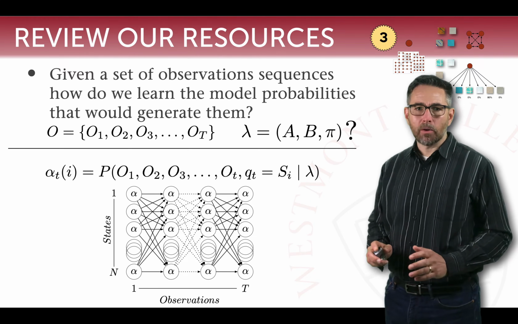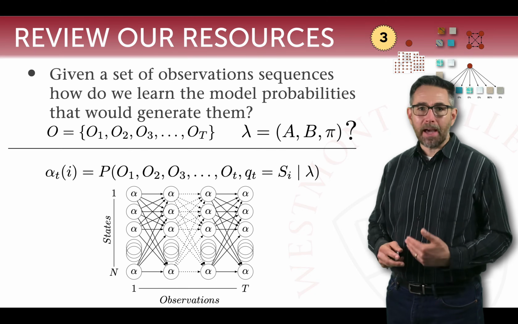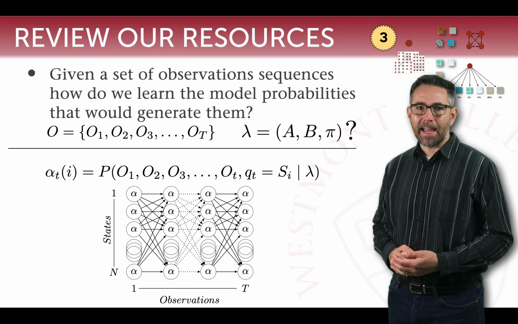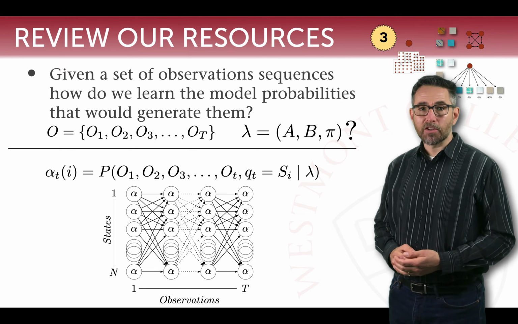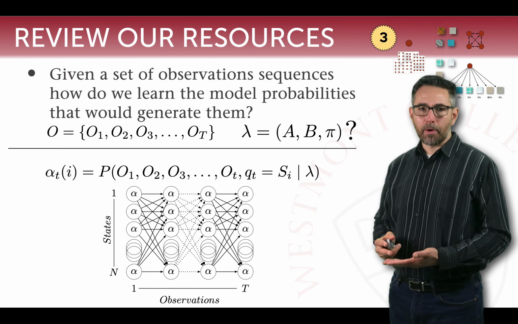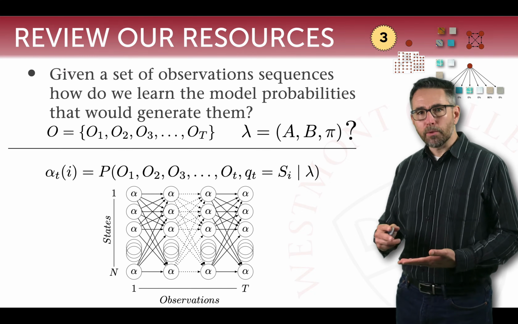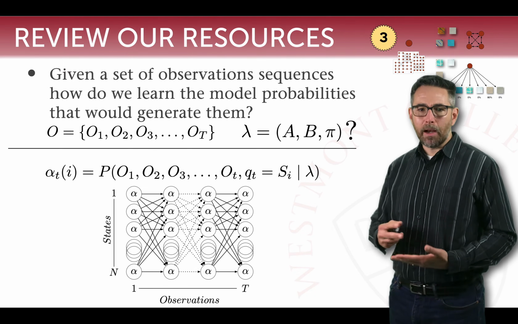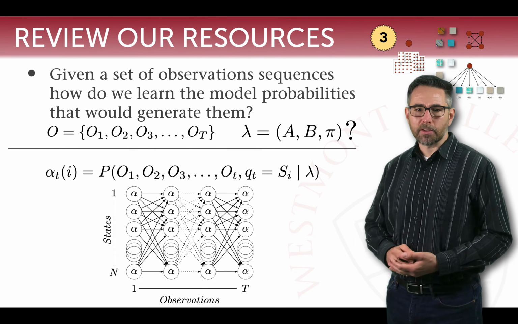Regardless of how we got there, there could be multiple paths that got us there. Overall, what is the probability that we would end up in state Si, given our sequence of observations up to a given time? And so alpha is called our forward parameter because we're moving forward through time, considering what came before us in terms of observations and coming up with a probability of being in a particular state.